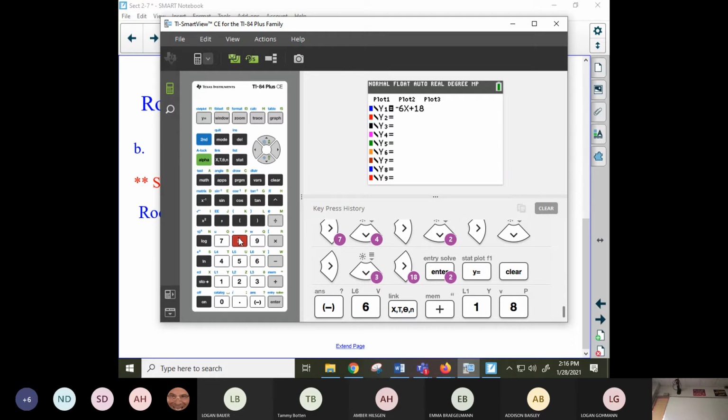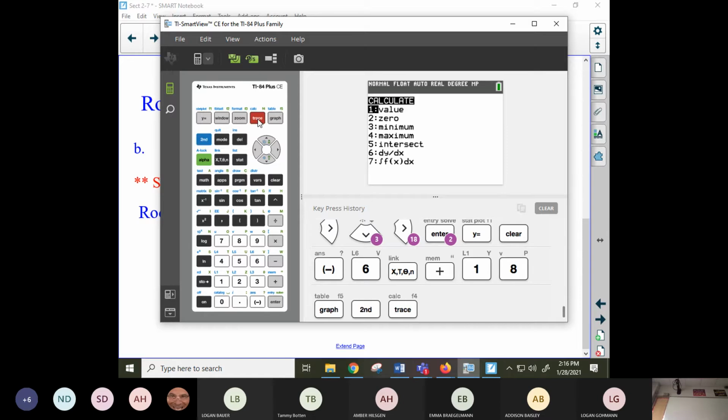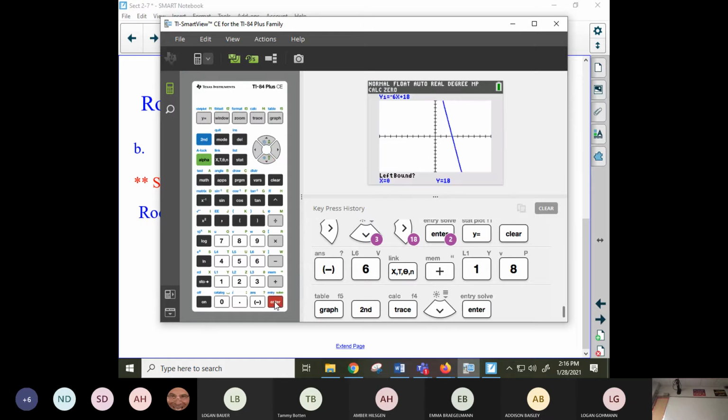Once you get that plugged in, then you're going to try to do that second trace again, okay? So I could graph it just to see what it looks like. That would be fine. But I could go right to my second trace, go down to zero. Now you can't see your cursor sometimes.